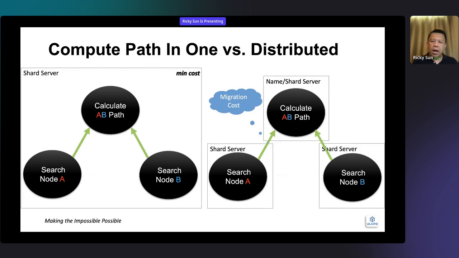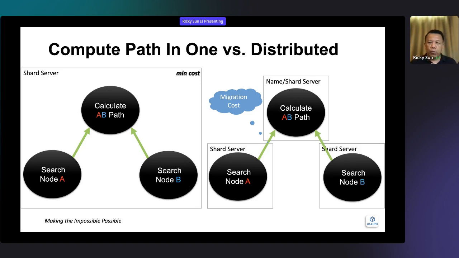Then how are we going to optimize this, always from the cost perspective, right? We know there are migration costs once you are shifting data from one shard server to another shard server, or even to the name server.